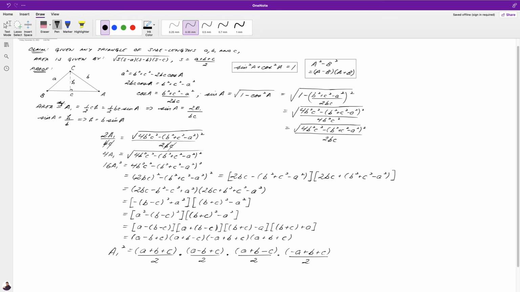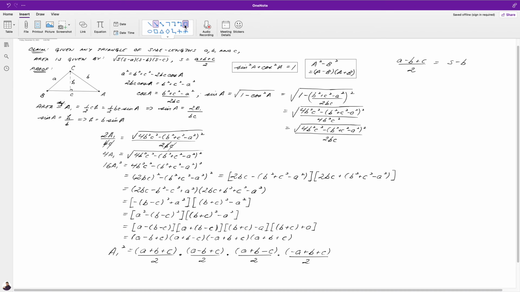Now, a plus b plus c over 2 is just s. That's what we've defined it as. A minus b plus c over 2, we're going to write this here, a minus b plus c over 2. This is just going to be s minus b. Let's get that in the box.